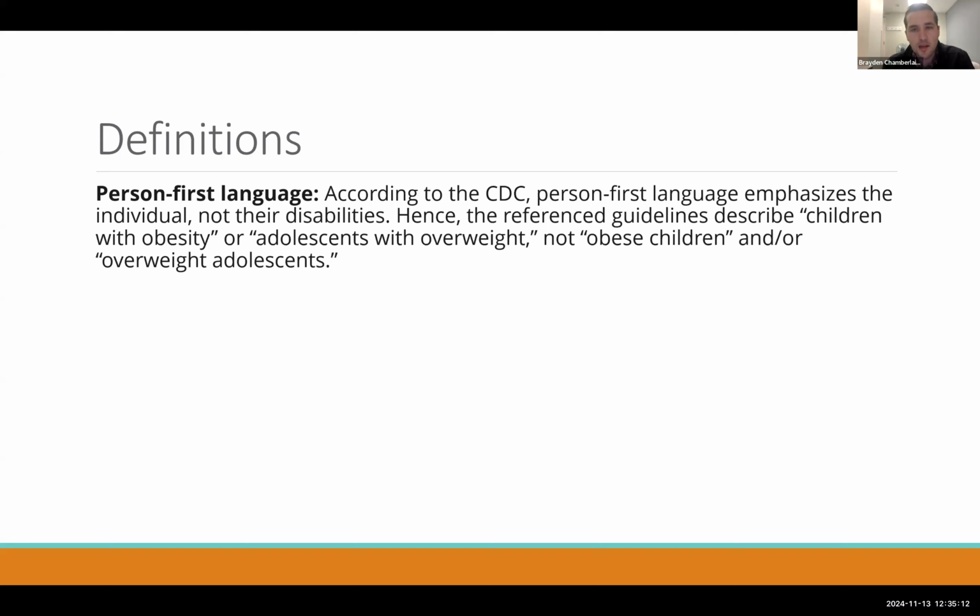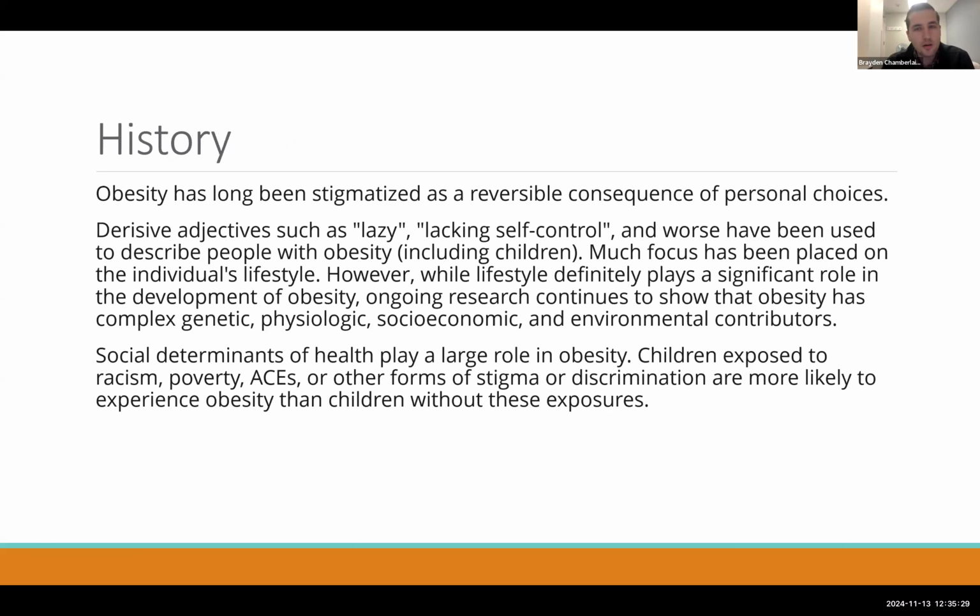So in this case, that would be children with obesity or adolescents with obesity or overweight, not obese children or obese adolescents. That makes this more of an adjective rather than a condition that they're dealing with.